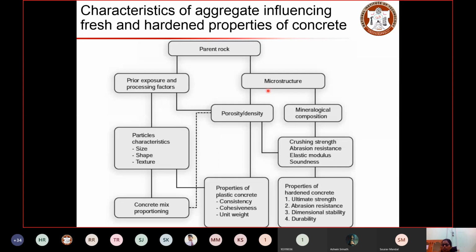These particle characteristics affect the size of the aggregates, how rounded or elongated or flaky the shape is, and the texture. Mainly we saw textures, it would be smooth texture or rough texture, depending on its formation, the crushing equipment and the rate of crushing.